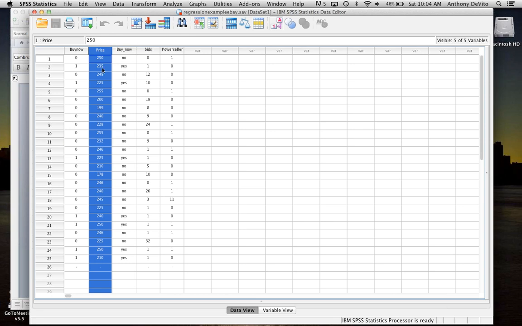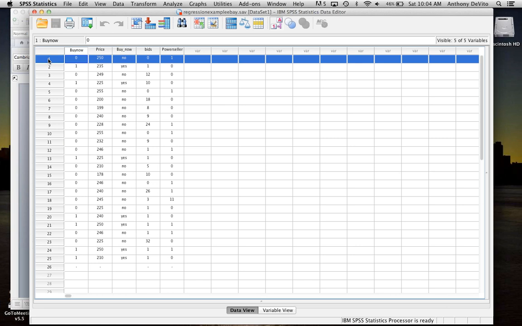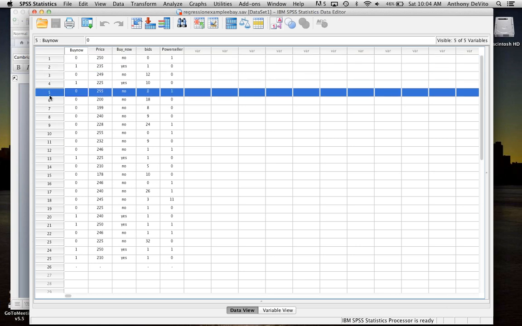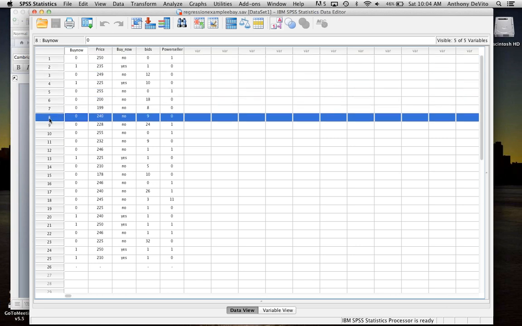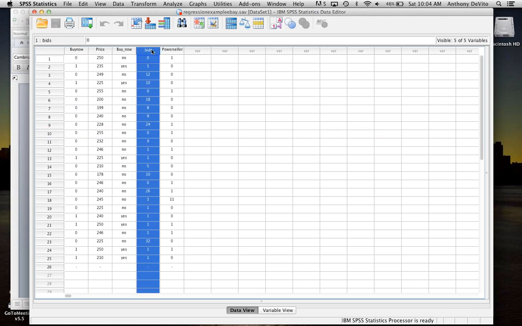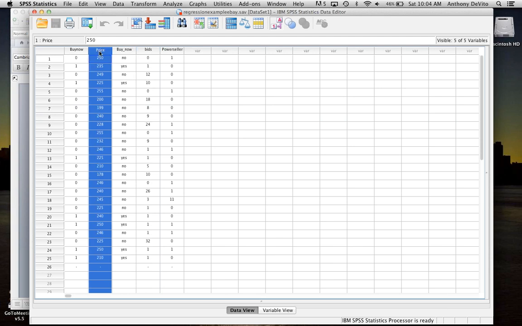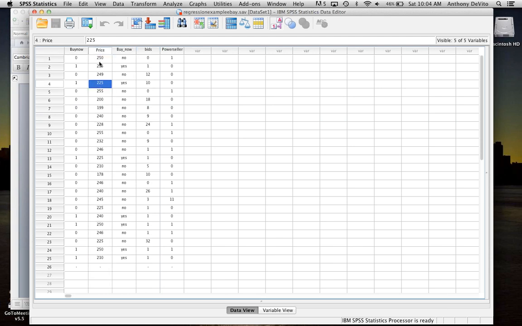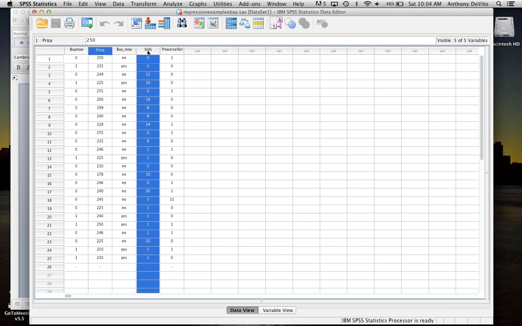Let's say we're selling an object repeatedly on eBay. Each time we sell it, we list it for a different price. And we're interested in knowing whether the price we list it for influences the number of bids that we get for the object.